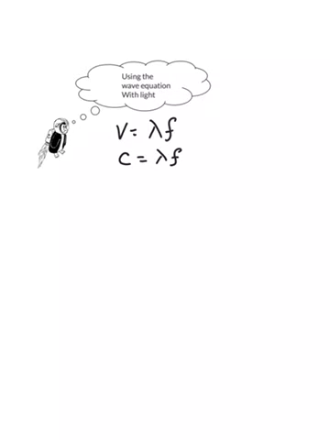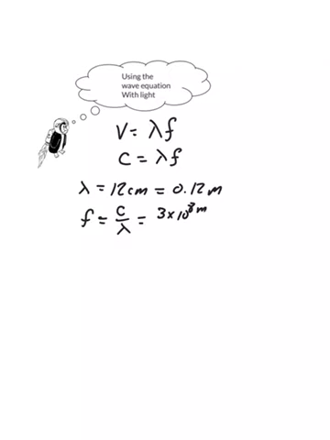For example, a microwave can have a wavelength equal to 12 centimeters, or 0.12 meters. So what is the frequency of a microwave? Rearranging the above equation, we find that frequency is equal to the speed of light divided by the wavelength. In this case, we plug in the numbers: 3 times 10 to the 8 meters per second, all divided by 0.12 meters.